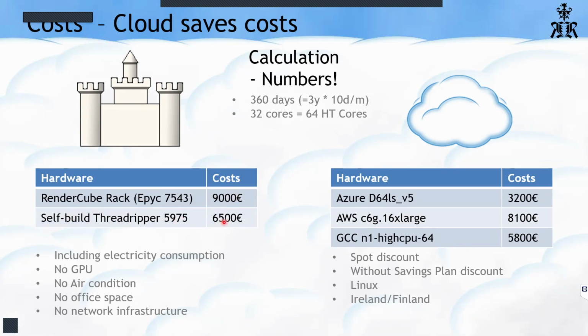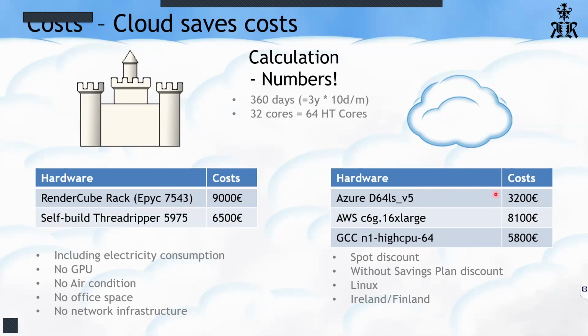If you build such a machine yourself, €6,500, but then you have no guarantee, if there's a hardware failure, the machine is lost. The prices include electricity consumption for 360 days. That's either 1 year or 3 years, 10 days a month. Office space and network infrastructure is also not included.